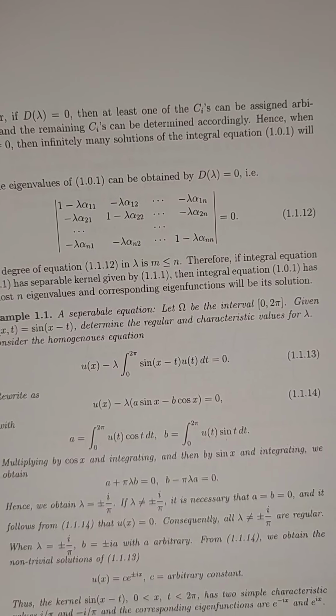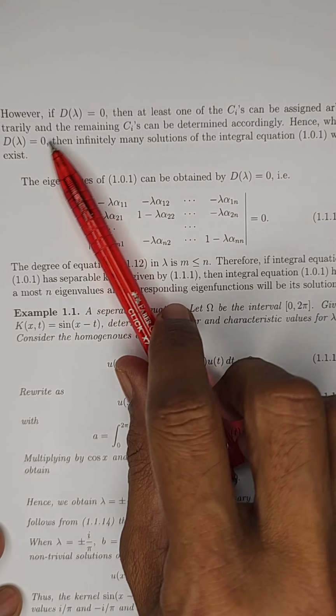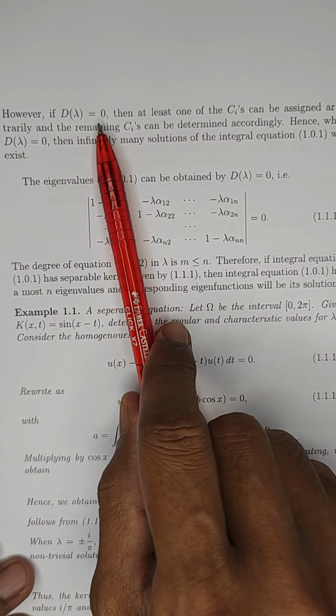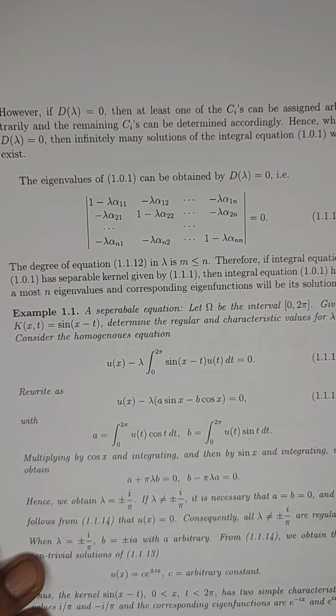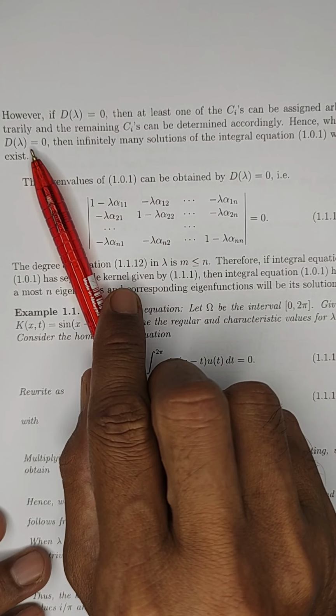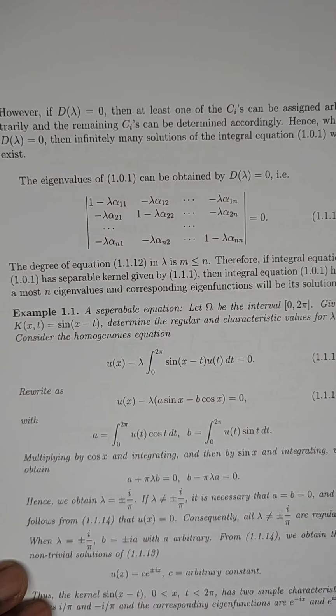This is just the basic knowledge from linear algebra. If the determinant is 0, then at least one of the Ci can be assigned arbitrarily, and the remaining Ci can be determined accordingly. Hence, when the determinant of our system is 0, then infinitely many solutions of the integral equation will exist.